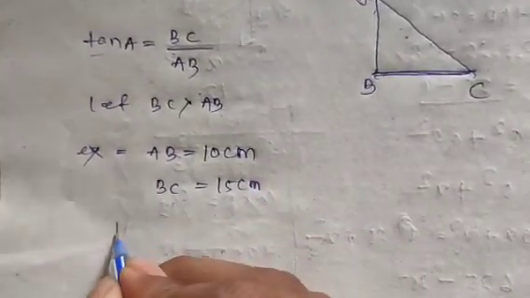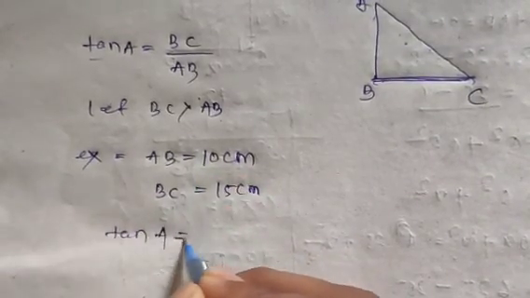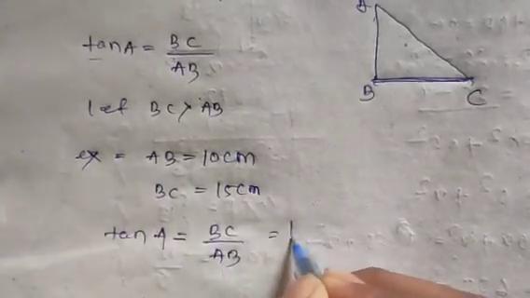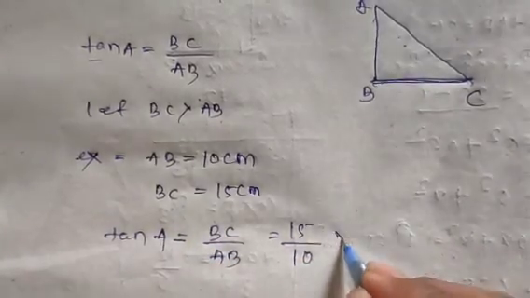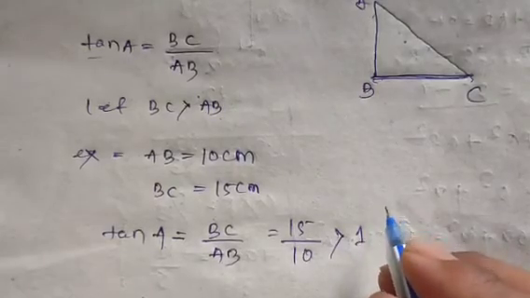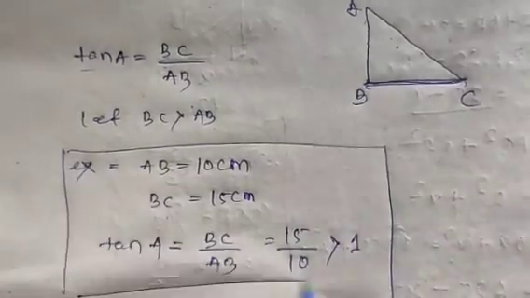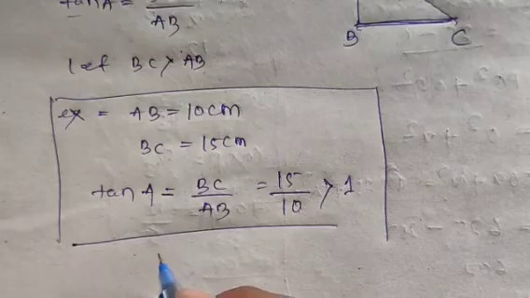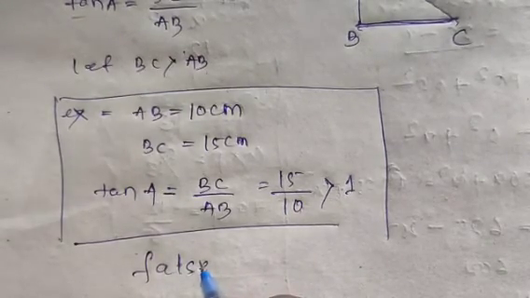So tan A is equal to BC by AB, which is equal to 15 by 10. So 15 by 10 is greater than 1 or not. So this statement will be false. So clearly from this example, we can say that the statement 'the value of tan A is always less than 1' is false. So the answer will be false.